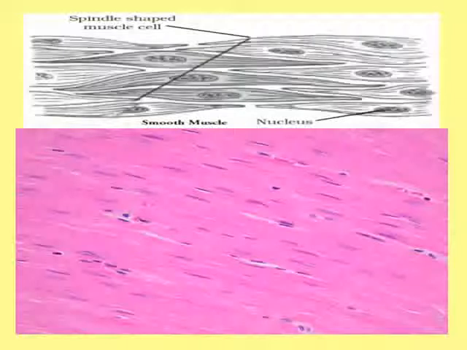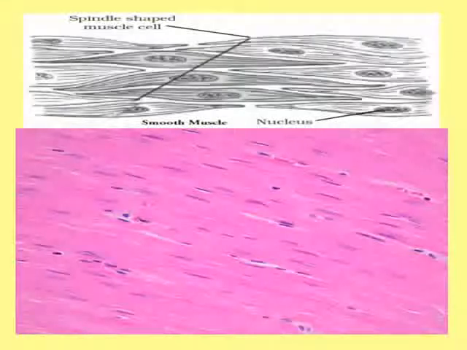See here, my dear students, in this picture, the above picture is a pictorial representation of the smooth muscle. Below, you can see the histological section of the smooth muscle. Look at the structure above: they are spindle shaped, boat shaped, having tapering ends. You cannot see any striations like dark band, light band, unlike in striated muscles.